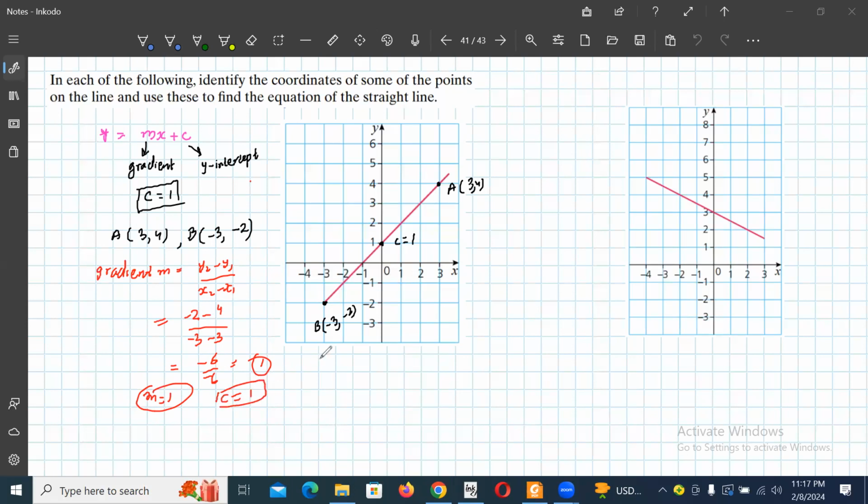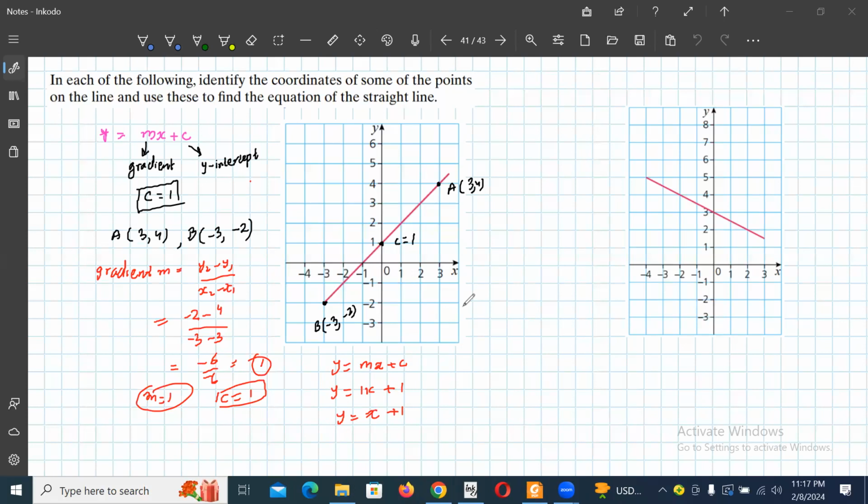So replace these values, our gradient and y-intercept, in the general equation of a straight line, y equals mx plus c. So our required straight line is y equals 1x plus 1, or we can say y is equal to x plus 1.